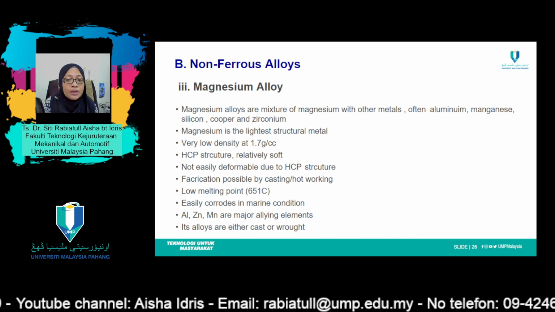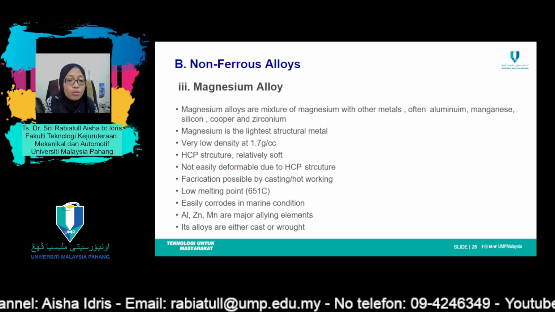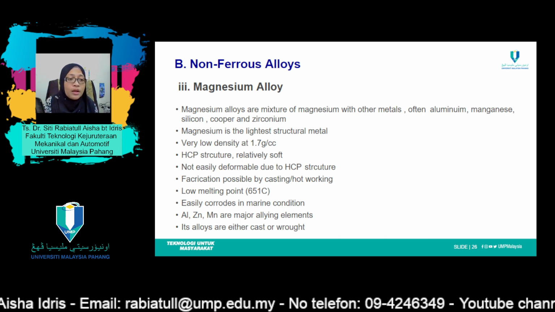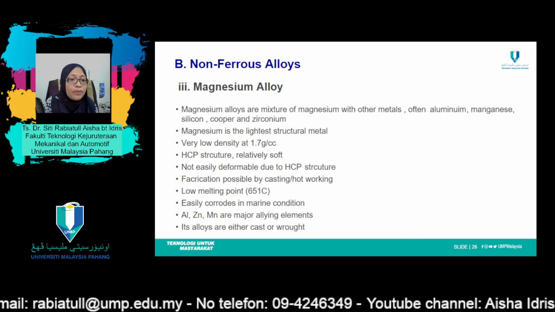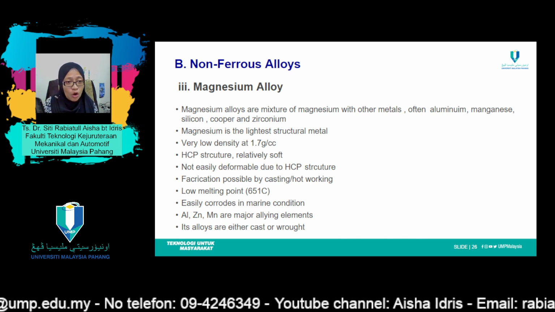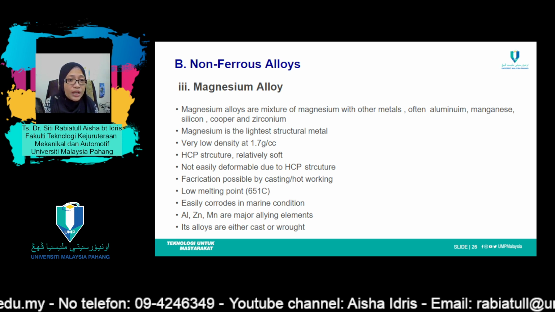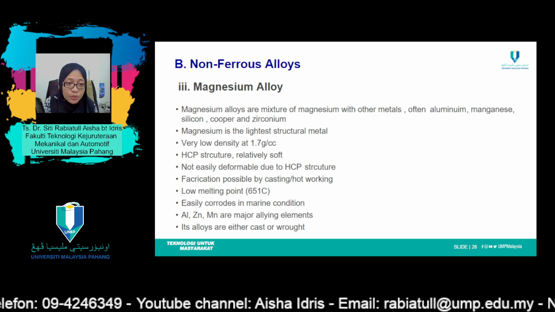These magnesium alloys are classified into either cast or wrought, and some of them are heat treatable. Aluminium, zinc, manganese, and some of the rare earths are the major alloying elements. A composition temper designation scheme similar to that of aluminium alloys is also used.